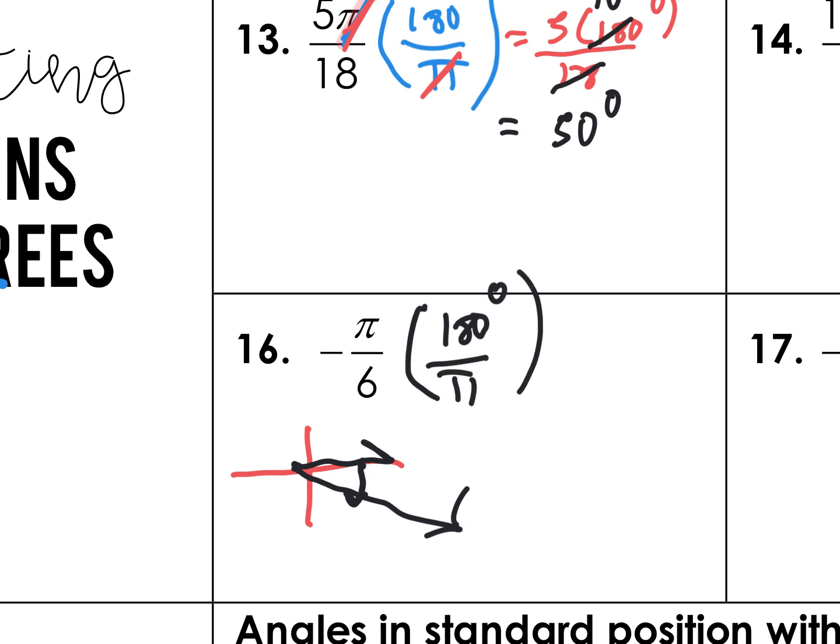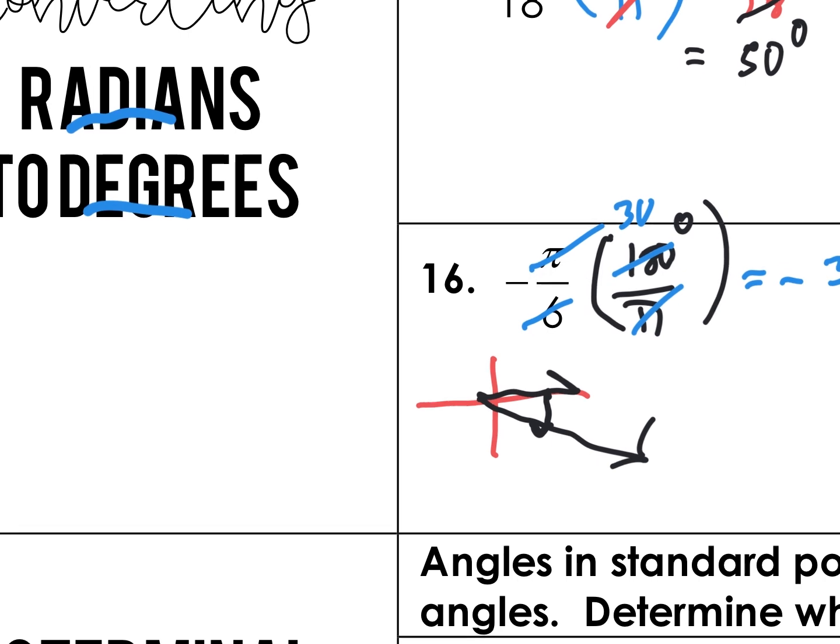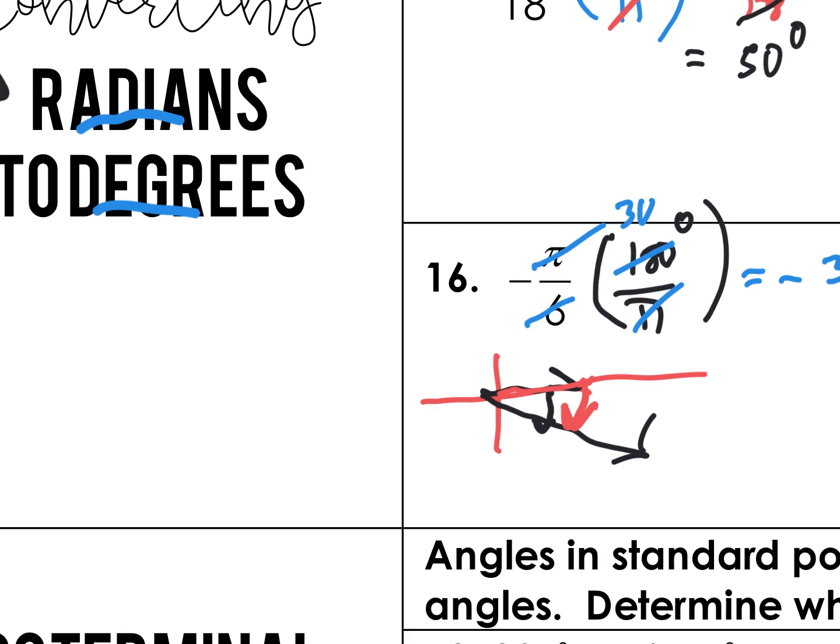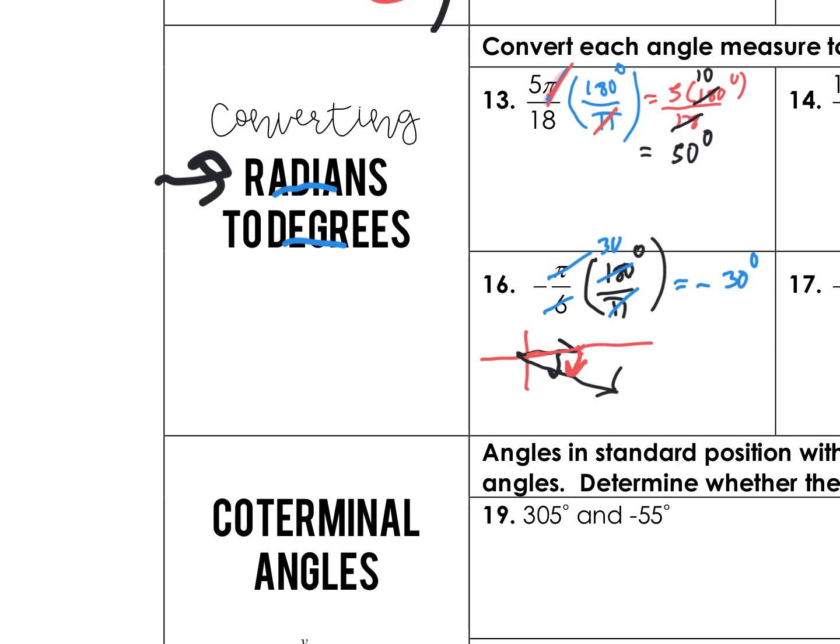And the gods are smiling down on us because the pi's cancel. And the 6 goes into 180 30 times, 30 degrees. So I'm left with a negative 30 degrees. Well, hello. It's almost like I knew what the answer was going to be, because that's about a 30-degree picture, negative 30 degrees going down. All right, enough of that.